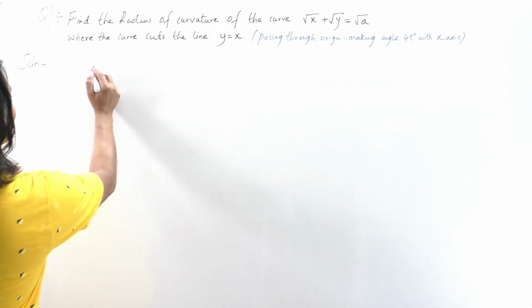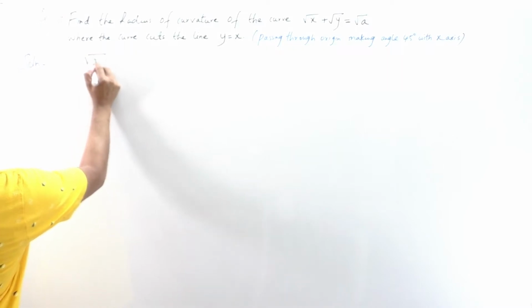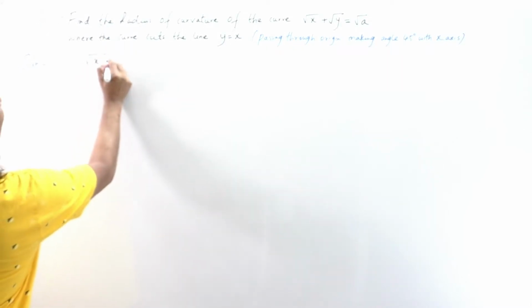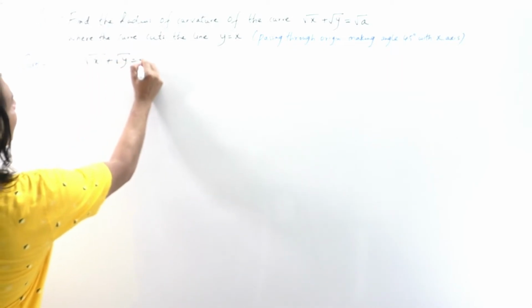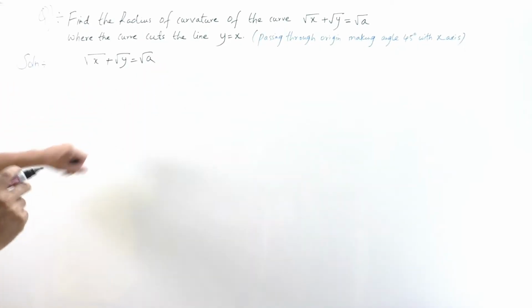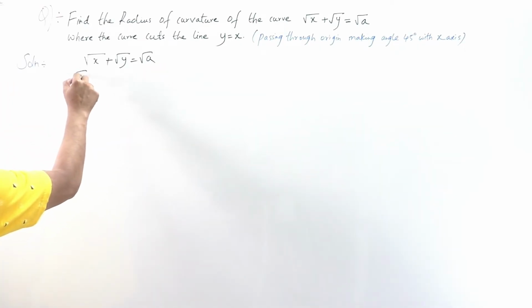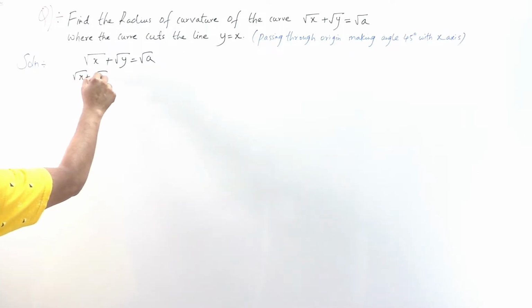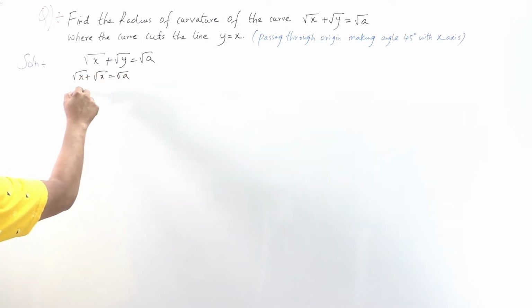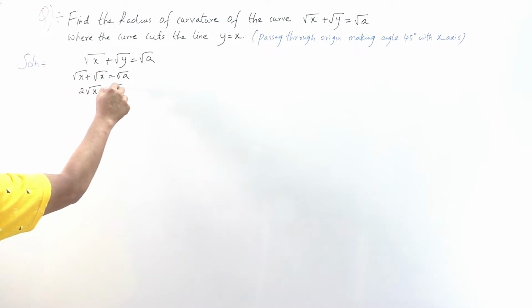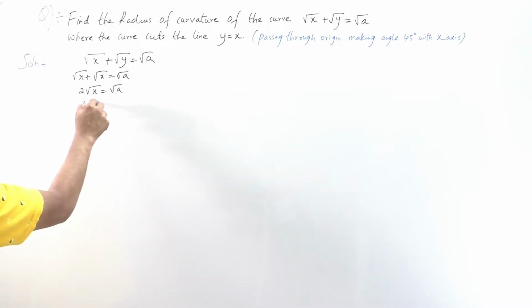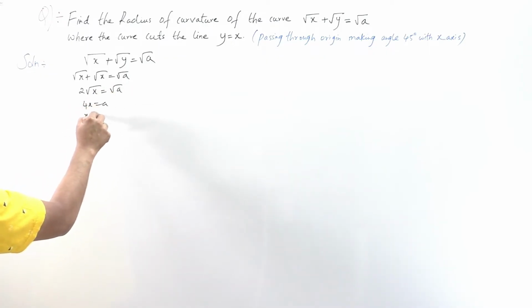So we have the question root of x plus root of y is equal to root of a. Putting y is equal to x here, we get root of x plus root of x is equal to root of a. That is 2 root of x is equal to root of a. Square this, 4x is equal to a. That is x is equal to a by 4.